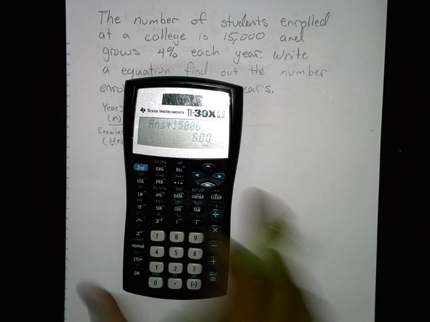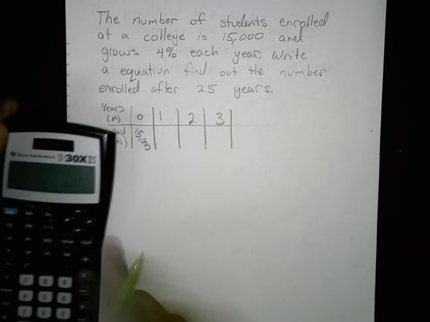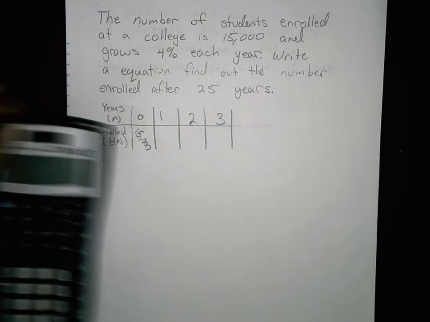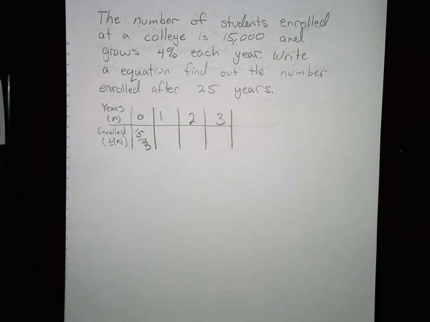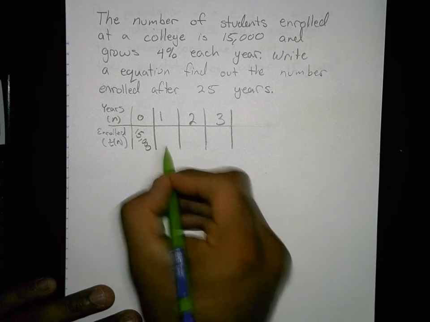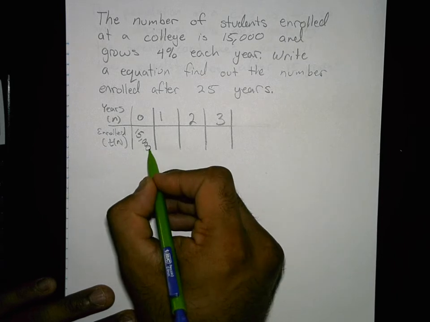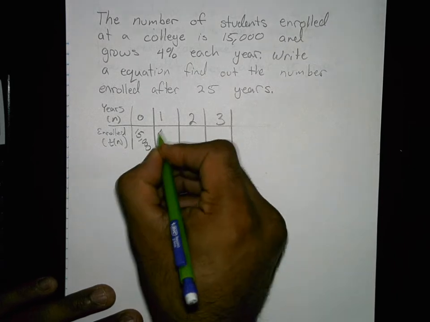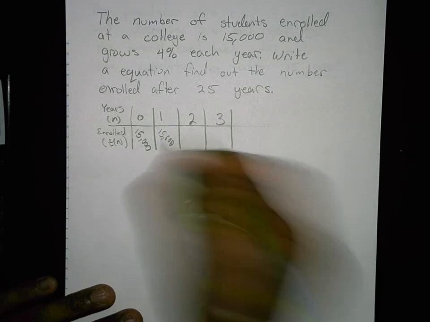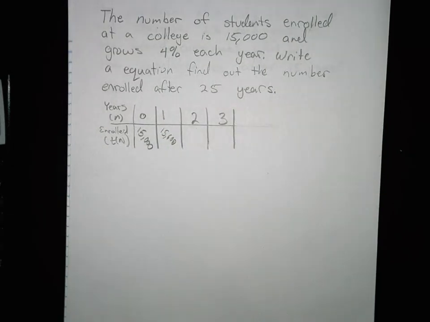is 600. So if I want to figure out this first year after the fact, it's not 600, right? It's increased by 600. So it's 15,000 plus 600. So it's 15,600 after a year.